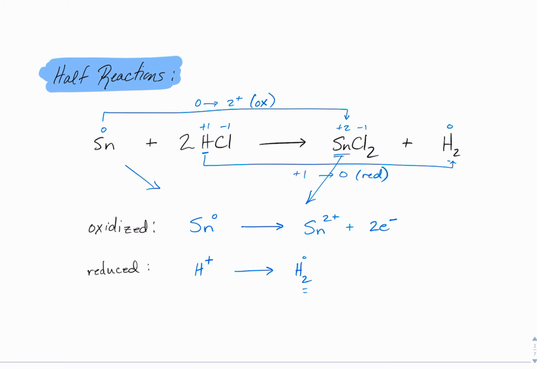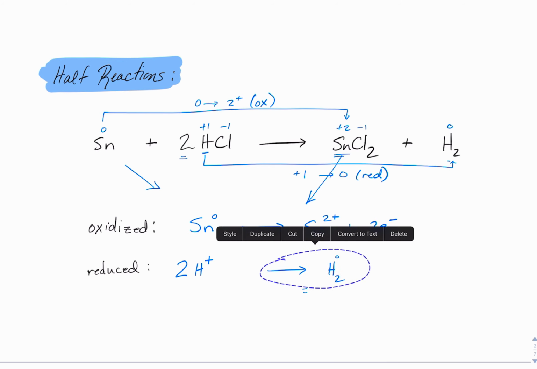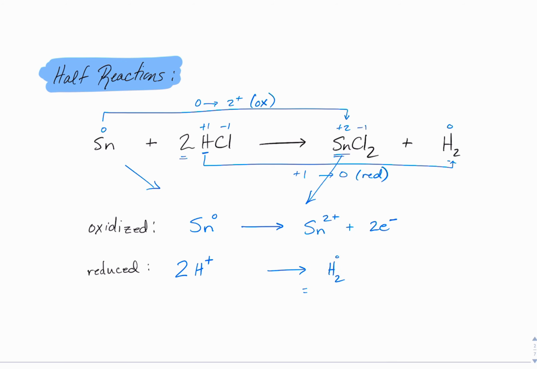So we would have to take our 2 coefficient and put that down here. Now where are the electrons going? Well, it turns out that the electrons are actually going to be put into the hydrogen atom, so they must be added on the reactant side.